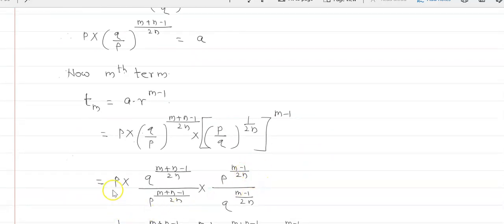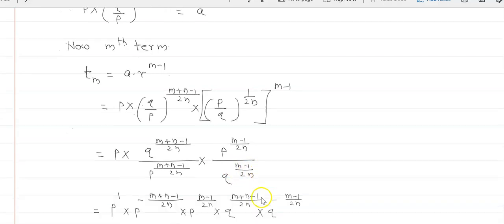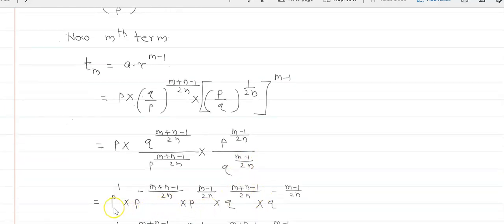If we substitute it, that is p into q raised to (m plus n minus 1) upon 2n, p raised to minus (m plus n minus 1) upon 2n, into p raised to (m minus 1) upon 2n, q raised to minus (m minus 1) upon 2n.